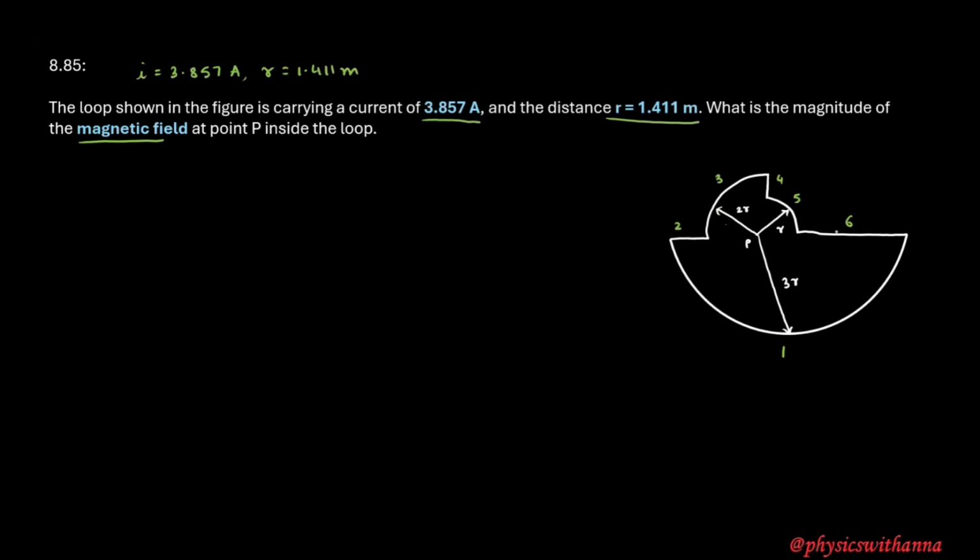Now the segments which are on the same line as point P, like segment 2 and 6, as well as segment 4. For these segments, magnetic field value will be 0.